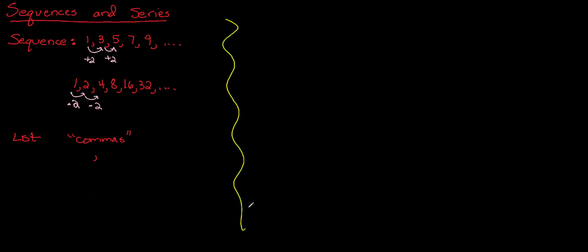So a series is a sum. So we might have a series that looks like 1 plus 3 plus 5 plus 7 plus 9 plus ... So this pattern goes on forever.